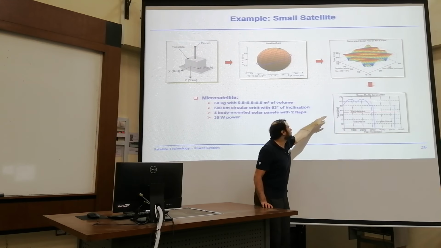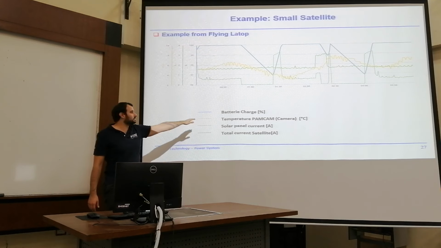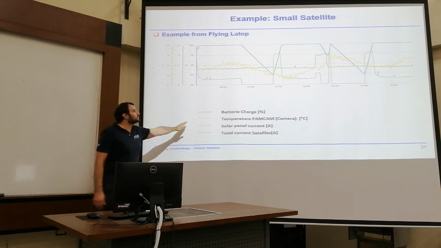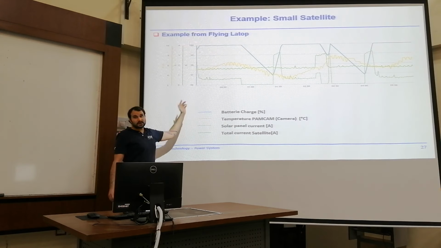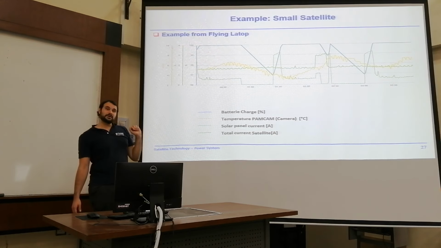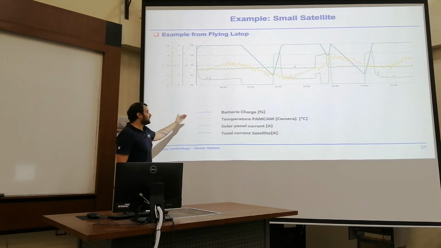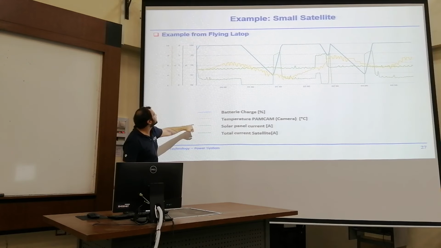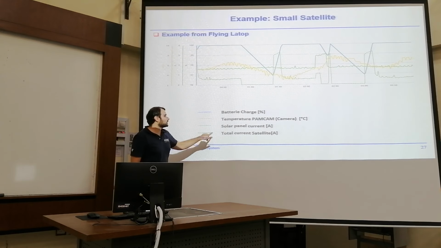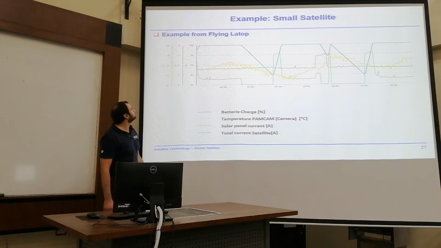The lowest discharge you can see here is around 97% to 100%. We have the temperature of the PEM, a camera system, in degrees Celsius. Whenever the temperature of the camera goes up, it's probably in operation. We have the solar panel current with the dashed line and the total current of the satellite, both in amperes.